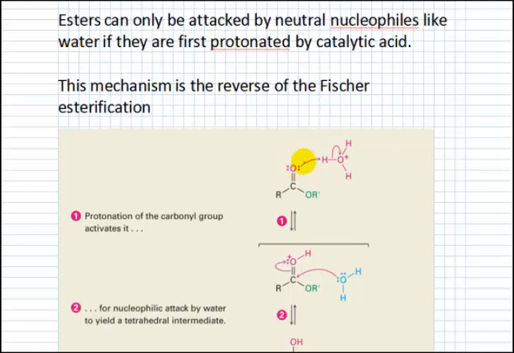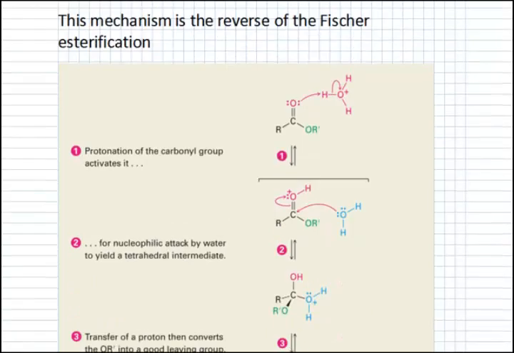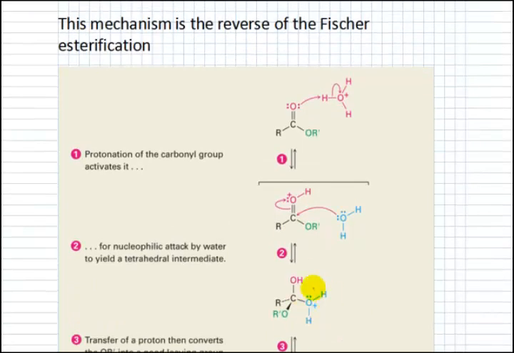The first thing that happens is the carbonyl is protonated. That activates the carbonyl for nucleophilic attack by just regular old water. So here's the water that's added. We now have an alcohol.